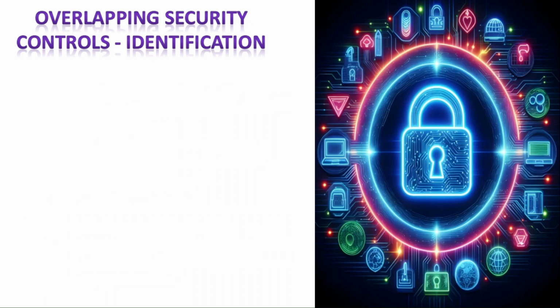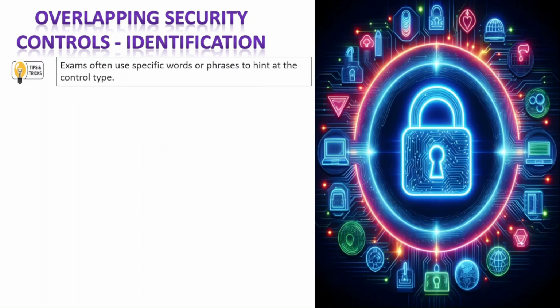So how to identify the overlapping security controls? Because in the exam you will be asked questions about specific types of control and in which type or category to put these controls. So the tip is that in the question, there will be specific words or phrases that will hint towards the specific control type.